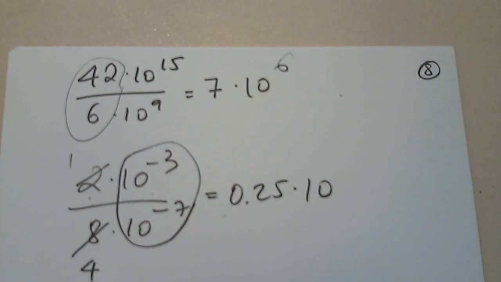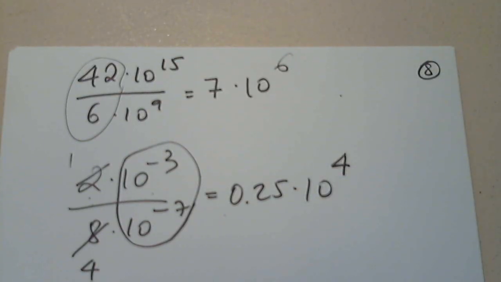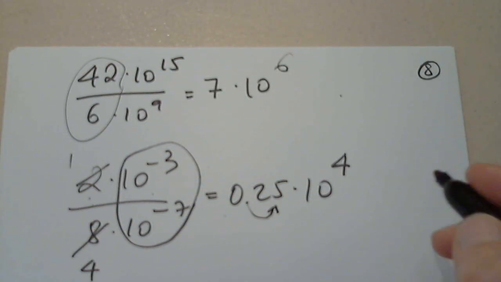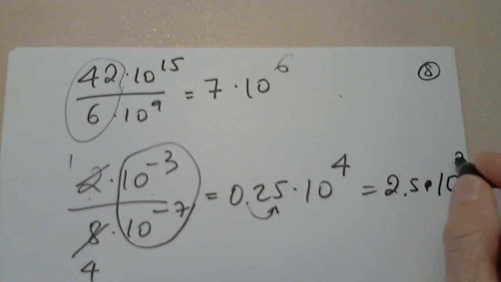So this is 10 to the negative 3 minus negative 7, which is 4. But this is not in scientific notation. So here we're going to borrow a 10 from this bunch, because we need to move the decimal digit 1 spot to the right. So this will be 2.5 times 10 to the 3rd power.